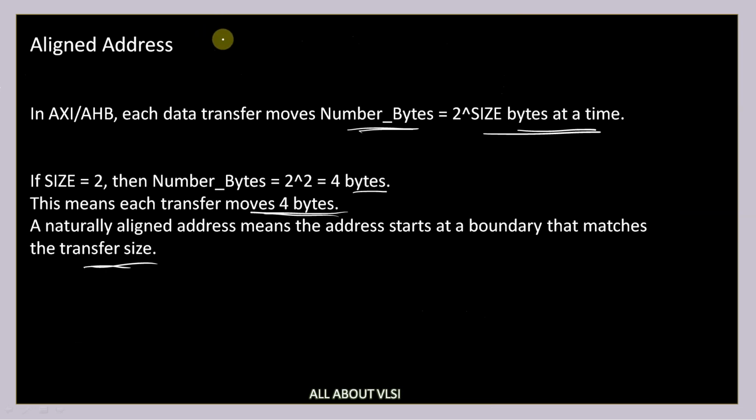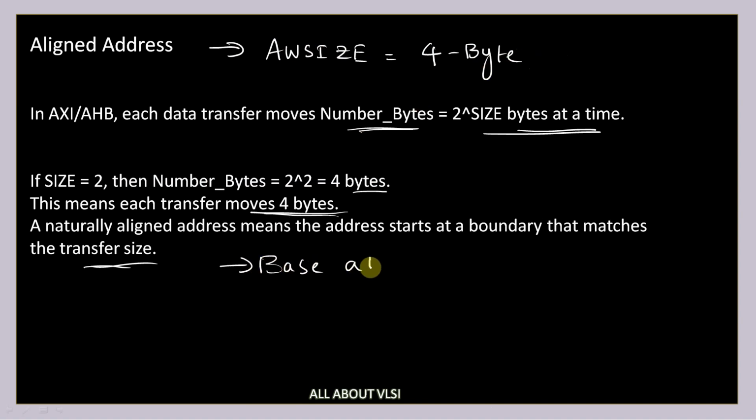If you want to know whether your address is an aligned address or not, you should know the size. Let's say I am going to perform a write operation, and my AW size is 4 bytes. Now, I should always consider a base address which is a multiple of 4.